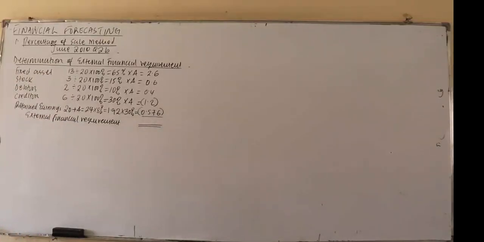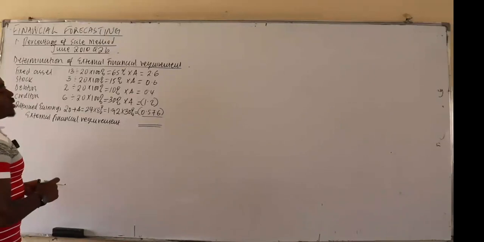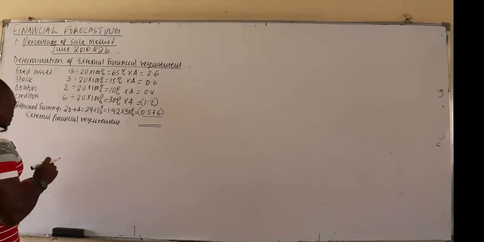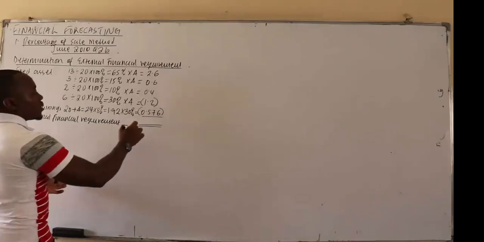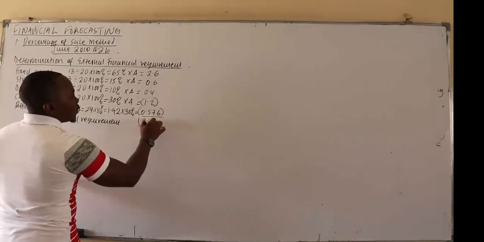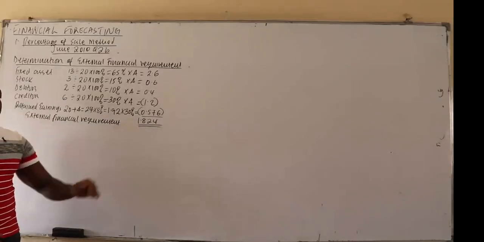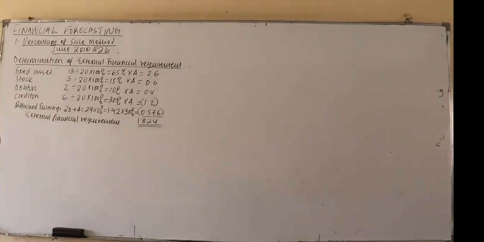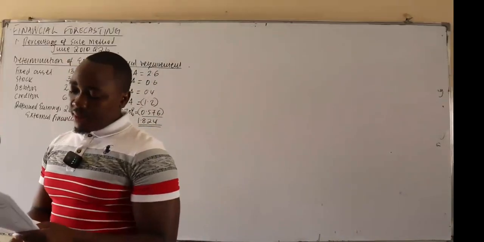So that means for the coming financial year, how much does the company expect to borrow? $1.824. So that means for the coming next financial year, the company expects to borrow 1,824,000.